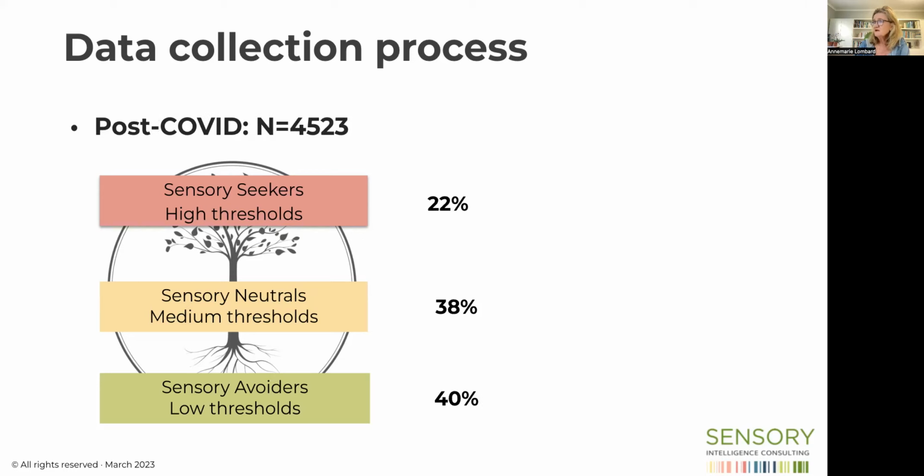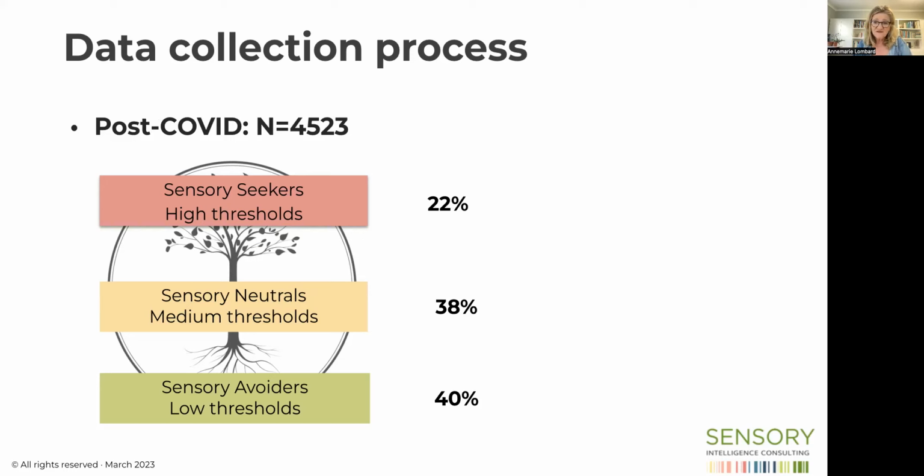Then what we did, post-COVID, we've actually extracted 4,523 data sets, and we reanalyzed this to see what is emerging. And it looks very, very different to the previous set. 22% of people are sensory seekers, 40% are avoiders, and 38% are sensory neutrals.